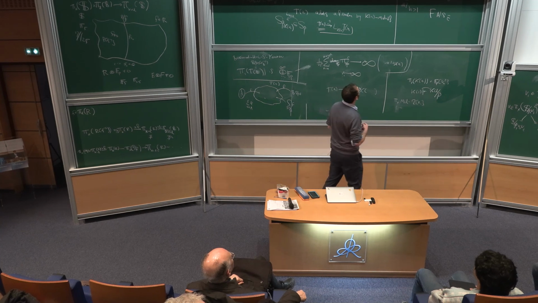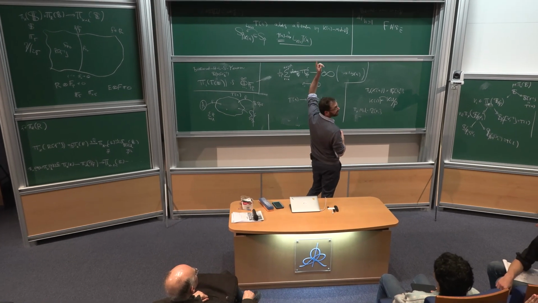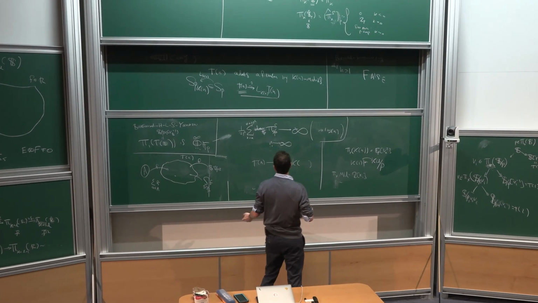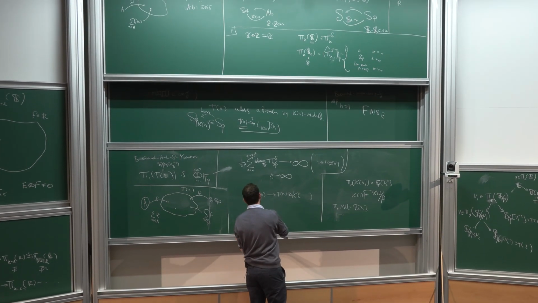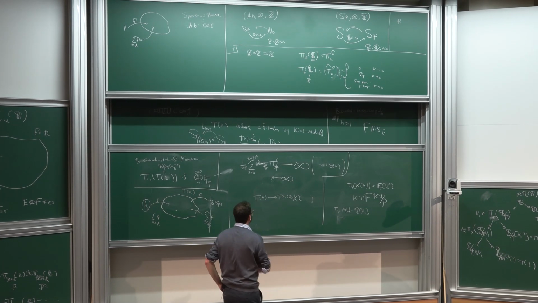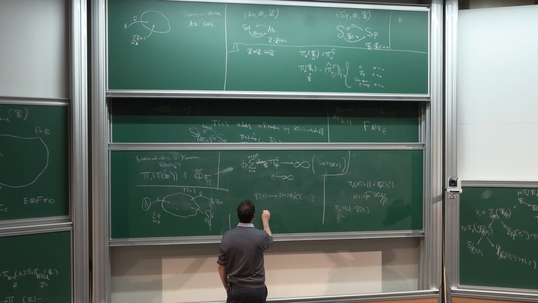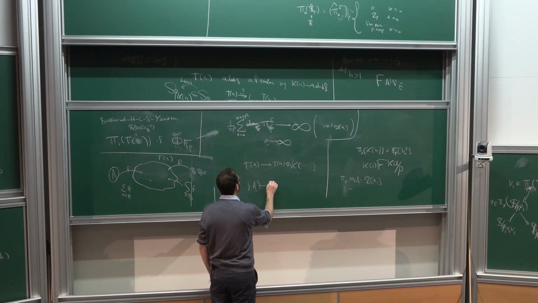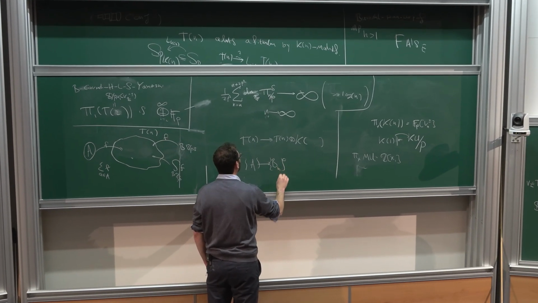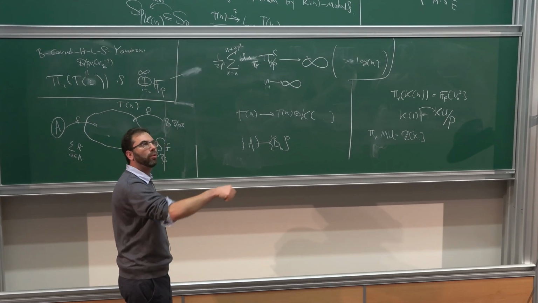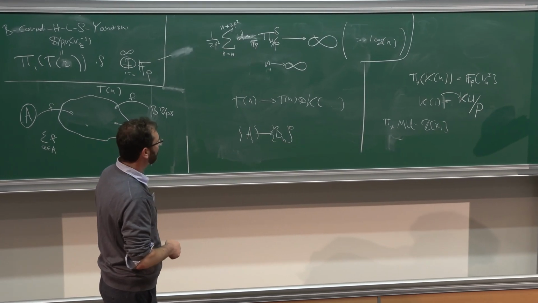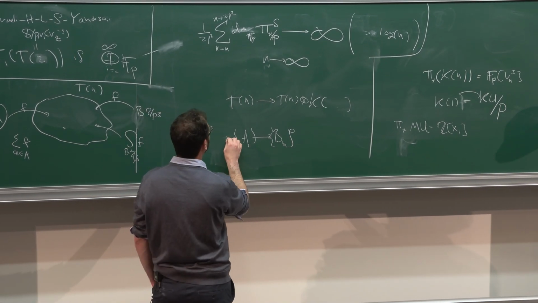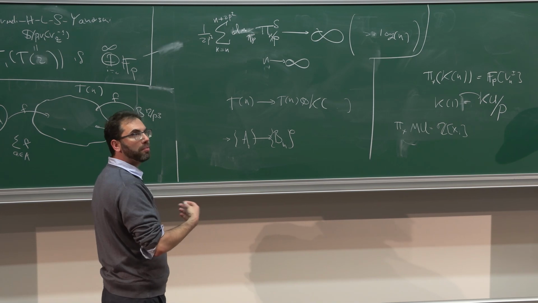Well, explicitly you mean in the model that I mentioned above, in the original model. Here's something that you can do. If you have a map of spectra, describing the cofiber, describing the quotient, a priori seems a little bit weird, but there's something which is very easy to describe naturally, and this is a fiber.